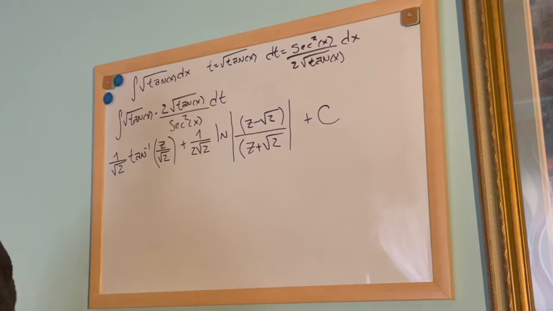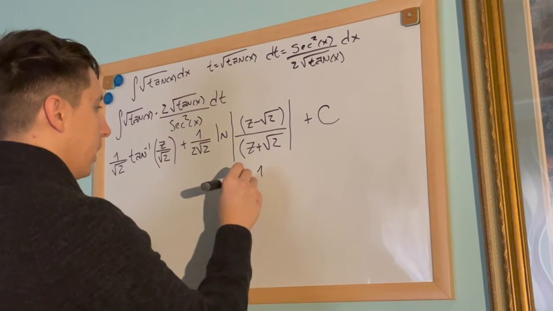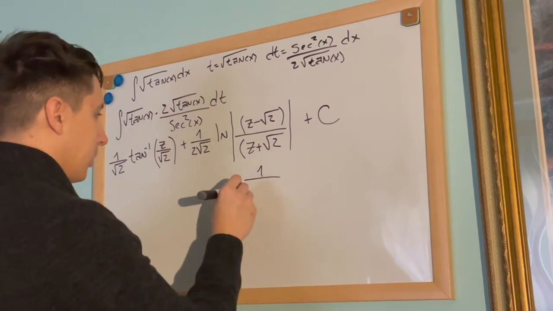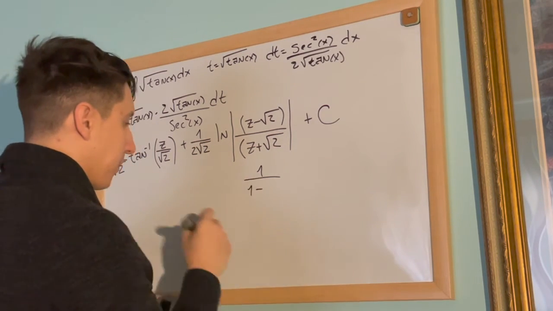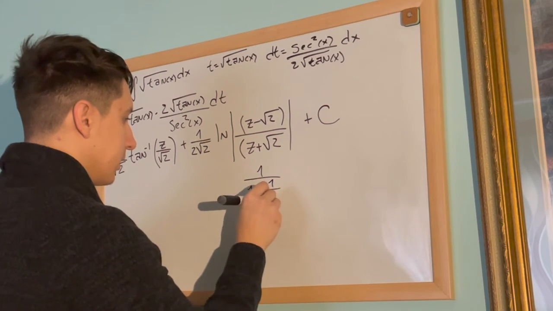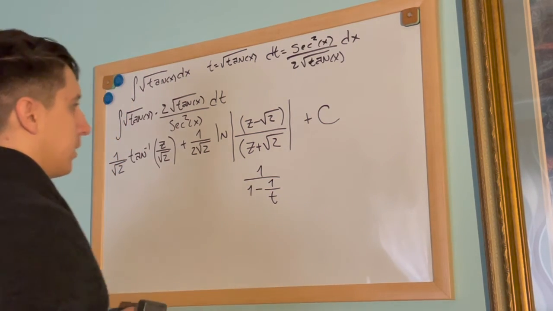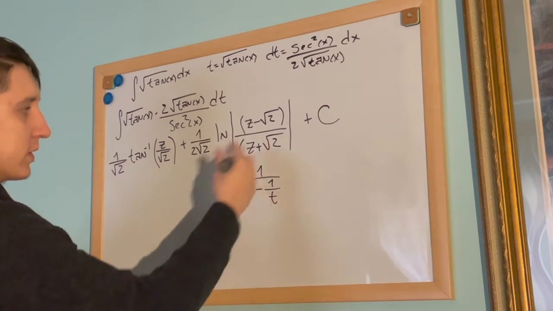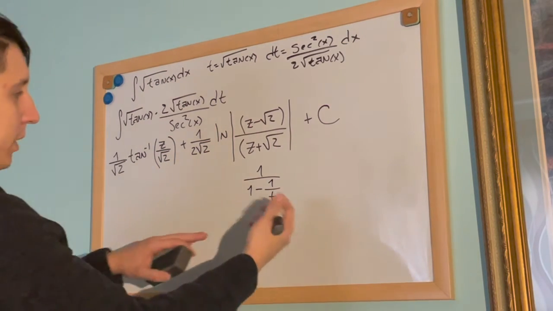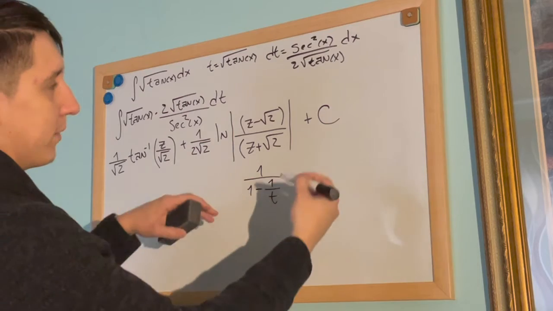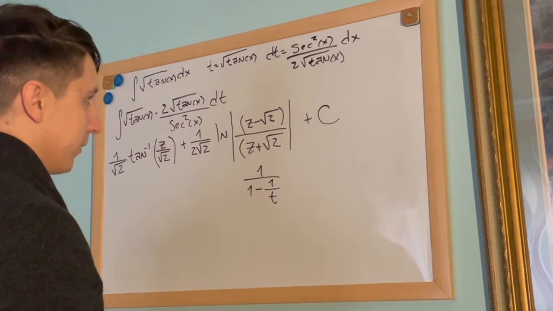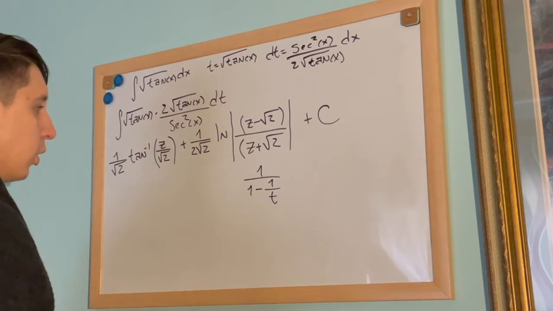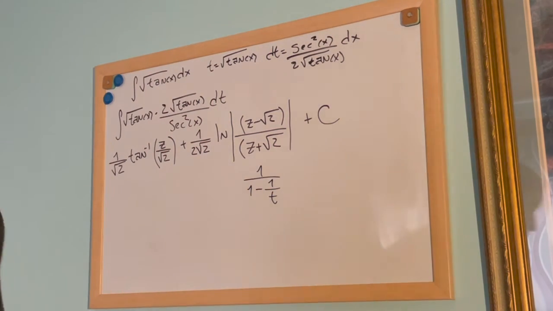So on this side, we ended up saying that it was 1 over 1 minus 1 over t. Remember? And then we squared that. The reason I remember that is because if we had the minus and the minus, that was the plus, and that allowed that to get rid of that there. So this was the 1 over 1 minus 1 over t.